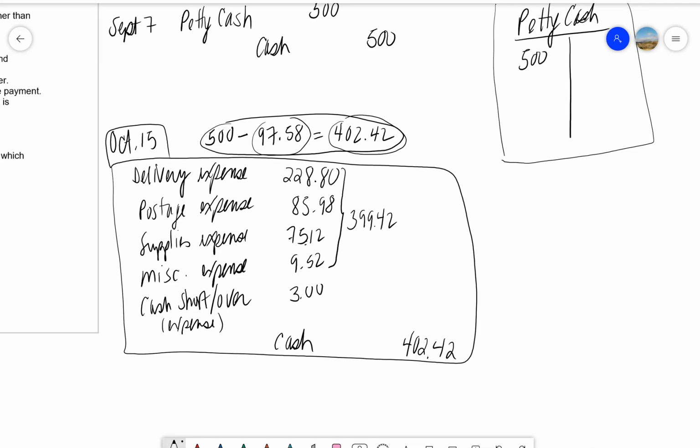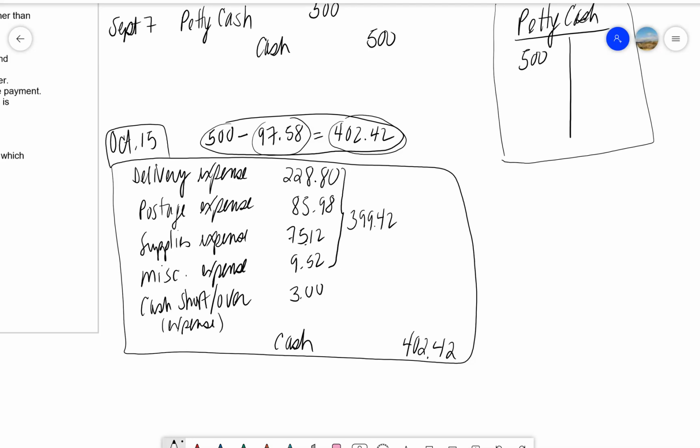It will usually just be added to maybe miscellaneous or office expenses when they put that on the income statement. But right now we're just going to leave the $3 difference in this cash short over account. So that would be the journal entry on October 15th to record the expenses and to replenish the petty cash fund. Now let's go on to exercise 8-22.